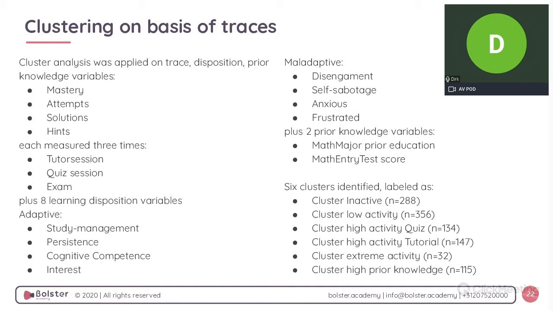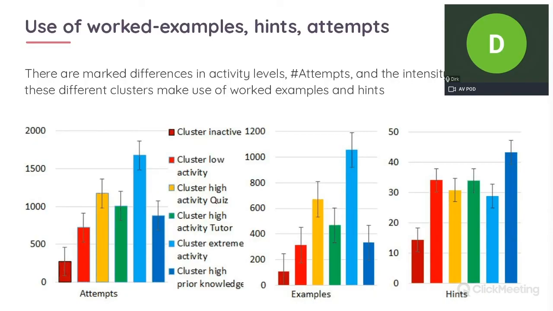Those were the 6 clusters we discovered. And those 6 clusters distinguish quite clearly in terms of all kinds of trace data we get from the Sowiso or the Bolster Academy system.